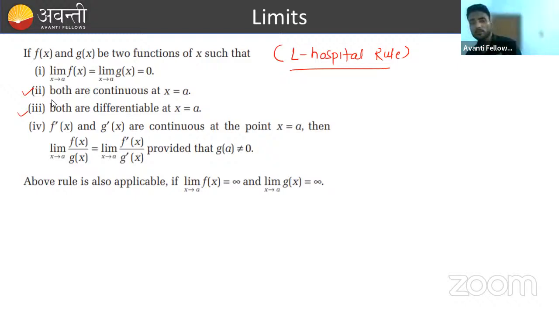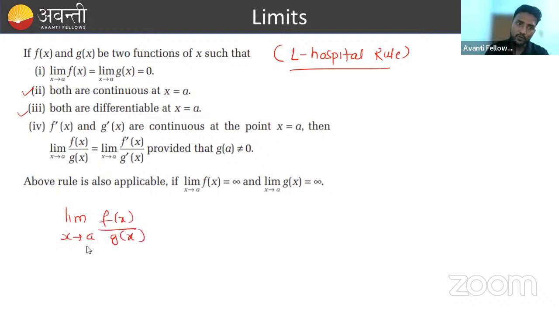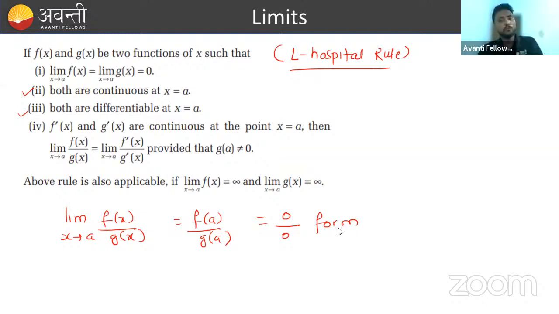So if both things happen, suppose they have given limit x tending to a of f of x divided by g of x. After putting a, we are getting f of a divided by g of a. And if f of a is 0 and g of a is also 0, so it is coming as 0 by 0 form.